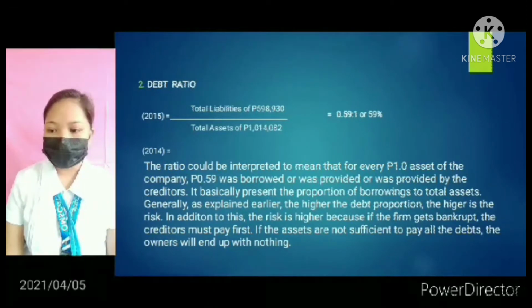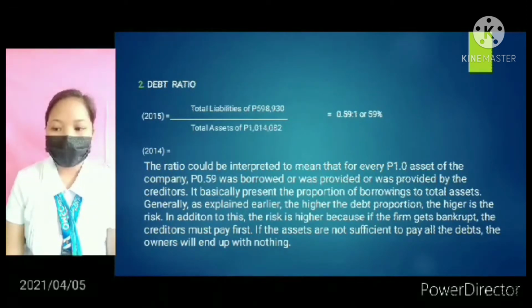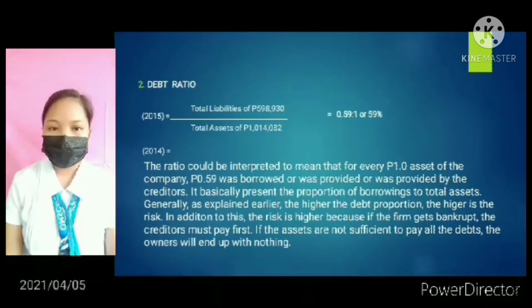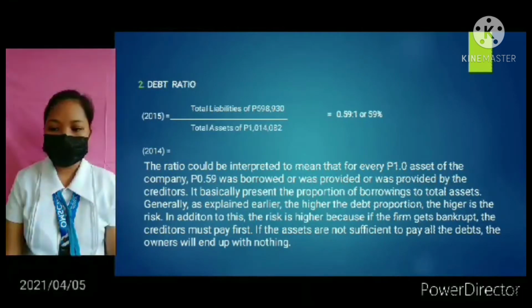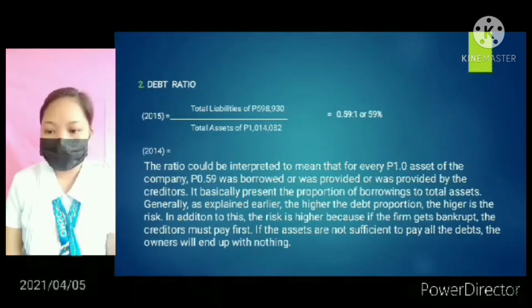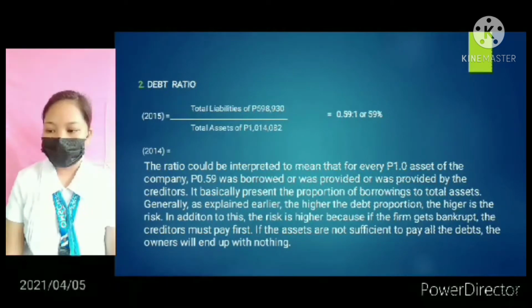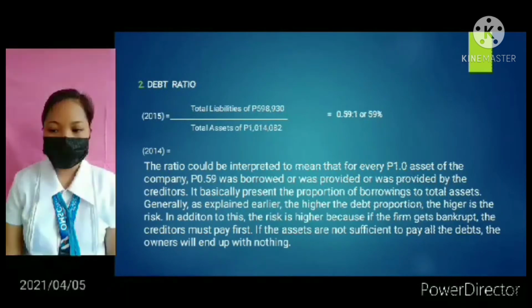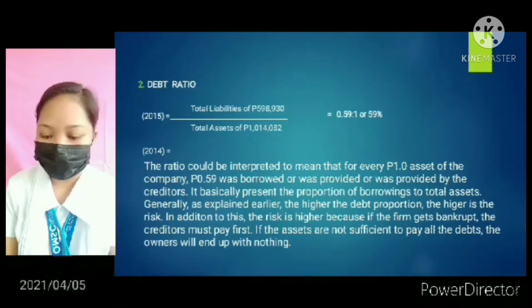Generally, as explained earlier, the higher the debt proportion, the higher the risk. In addition to this, the risk is higher because if the firm goes bankrupt, the creditors must be paid first. If the assets are not sufficient to pay all the debts, the owners will end up with nothing.